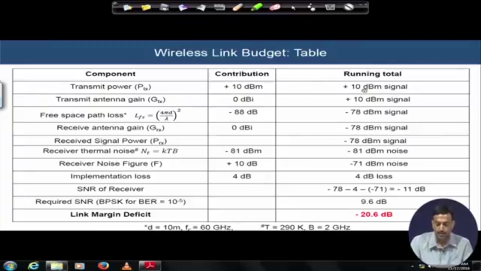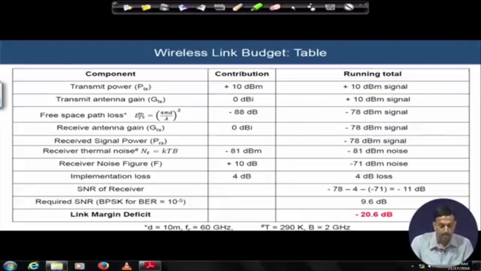We transmit with a power of 10 dBm. The antenna gain is 0. So at the output of the transmitter, the signal power is 10 dBm. Note that I have not considered implementation losses here because I will factor them in later down the calculations.